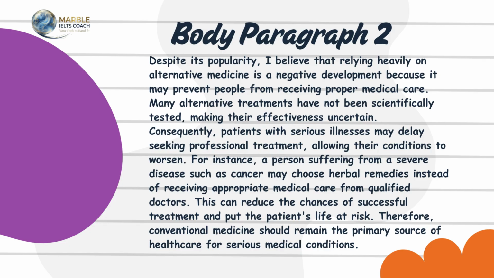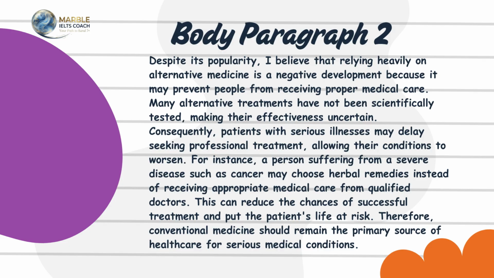So that is my opinion, and that is my topic sentence. Many alternative treatments have not been scientifically tested, making their effectiveness uncertain. Consequently, patients with serious illness may delay seeking professional treatment, allowing their condition to worsen.